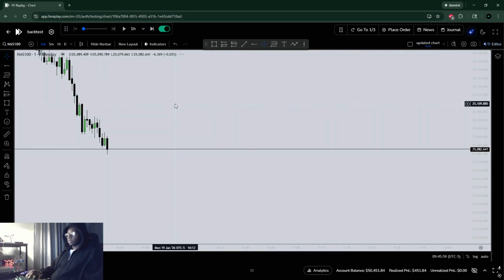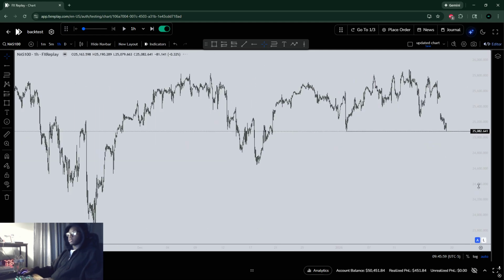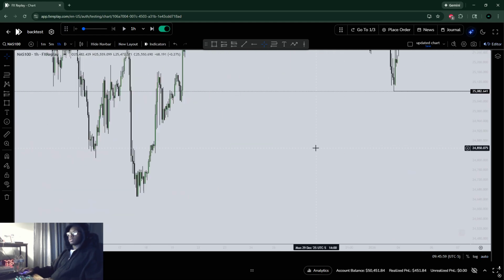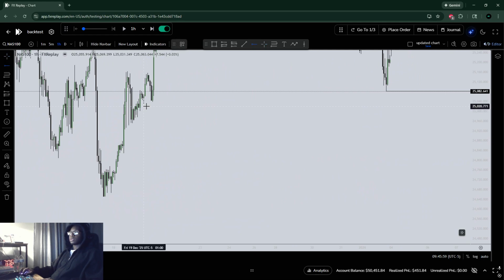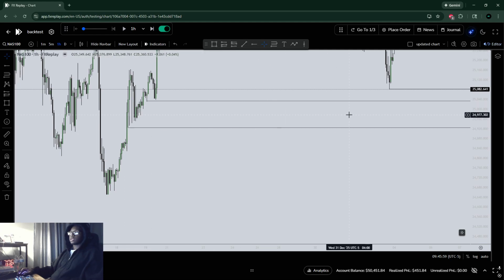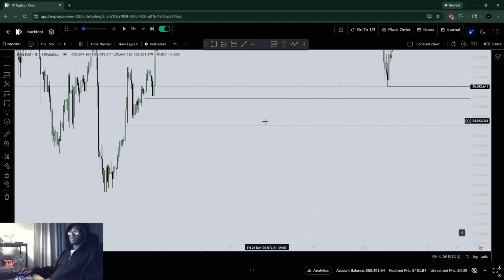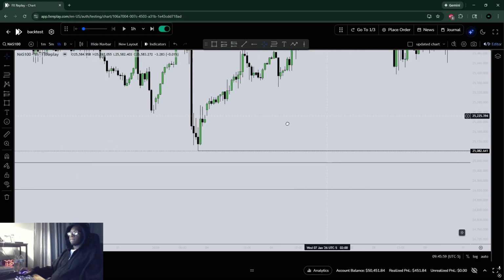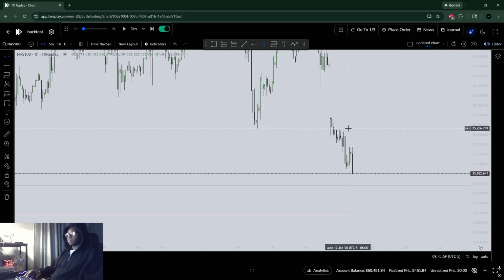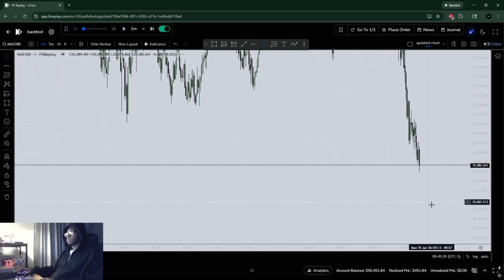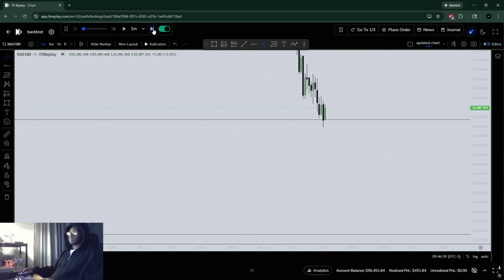If we continue lower, where can I target if I want to take that trade? There's a couple of stacked lows right here. I guess I can target those places. There's a gap right here, so I don't want to see it go past that.